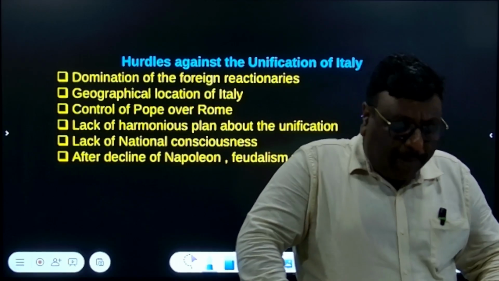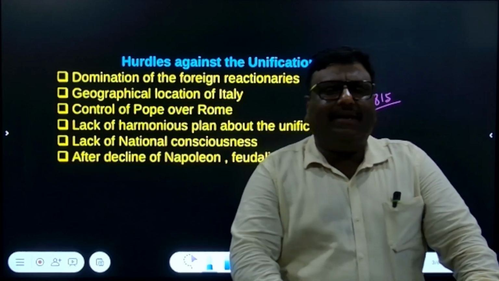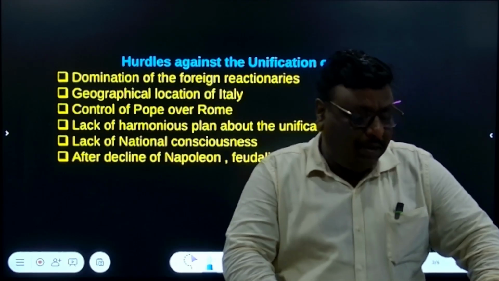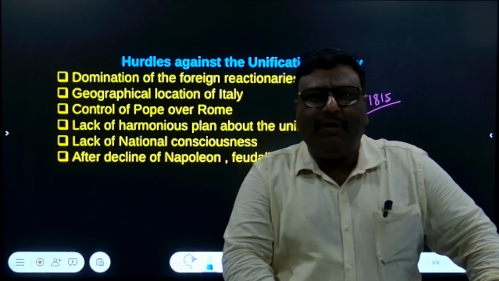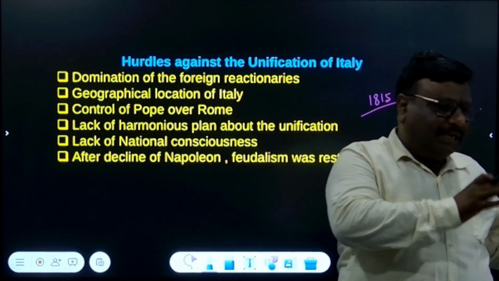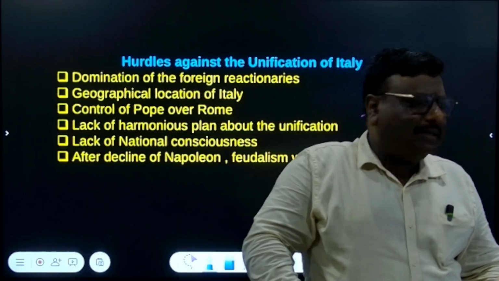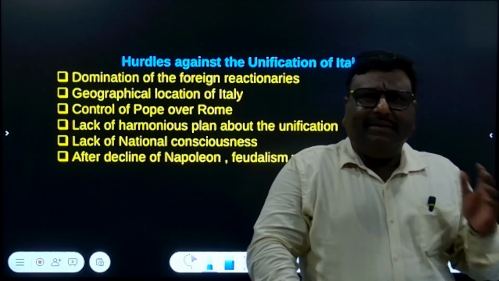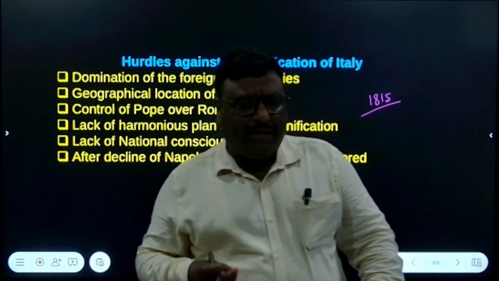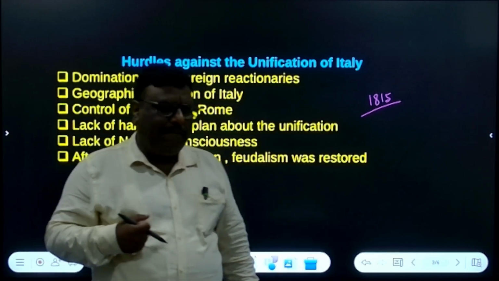The Treaty of Vienna was an irrational treaty and pushed the national development of Italy a century back. It divided many states of Italy and gave them to the control of Austria. Similarly, it did the same with the German states. I have made a video on the unification of Germany.